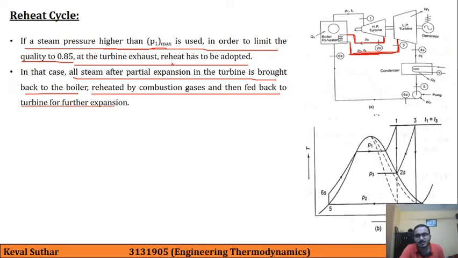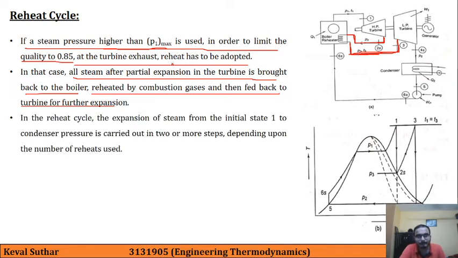And this is the TS diagram for this. So if we see, our usual cycle could have been this.